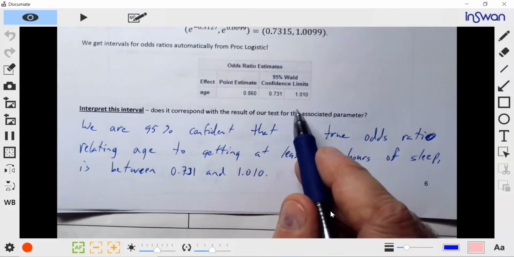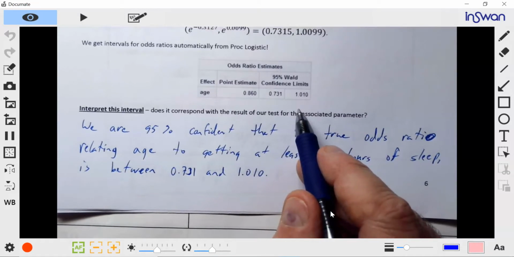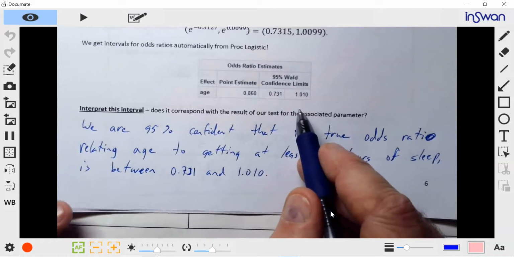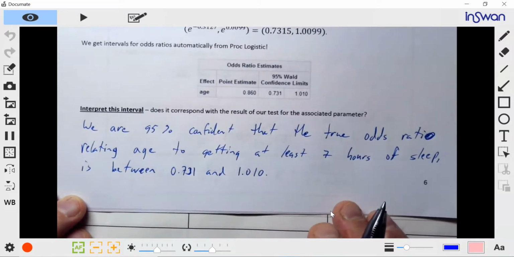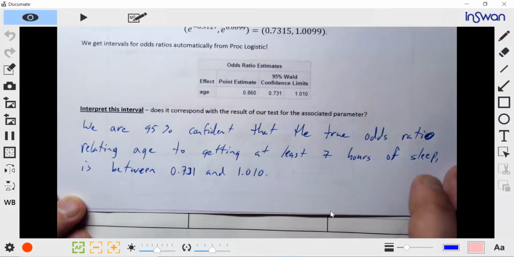Now remember, we're talking here about odds ratios. So since we're talking about ratios, a ratio of 1 indicates no difference. So an odds ratio of 1 here would indicate that age does not increase the probability of getting at least 7 hours of sleep.